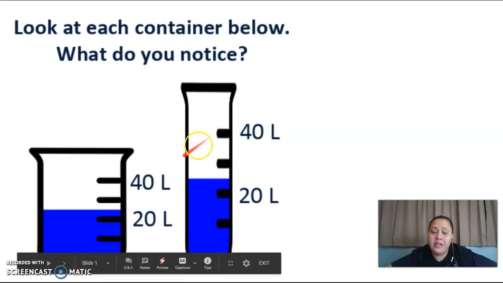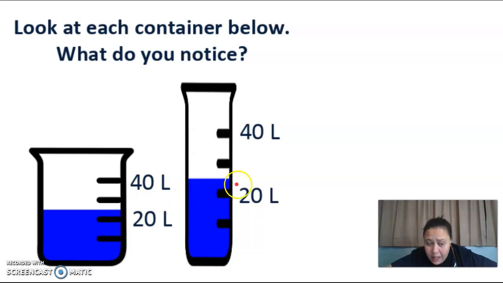So both of them are counting by tens, which means this water line stops in between 20 and 30, and we now know that this is 30, even though it's not labeled. You have to be able to recognize that. So if the water line is in between 20 and 30, this is where our estimating goes on.